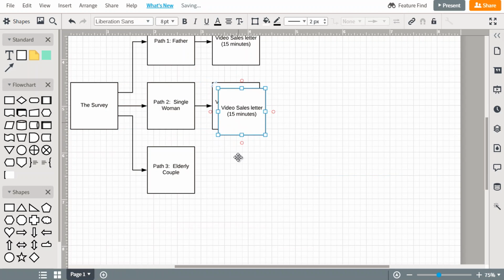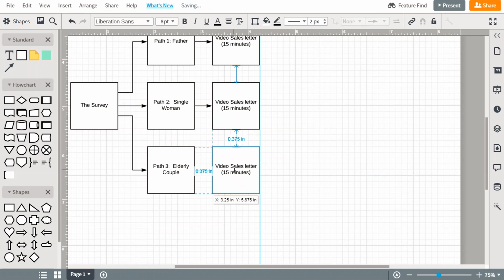But then we found during our research that the elderly couple have more time on their hands, but at the same time, they take more convincing and they're maybe reluctant or skeptical of technology. So maybe they require, in this case, a 30-minute video sales letter to really convince them.